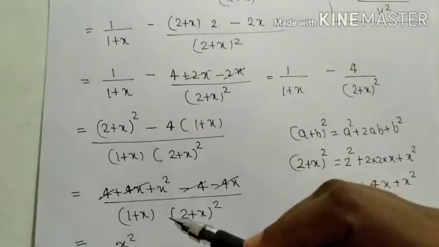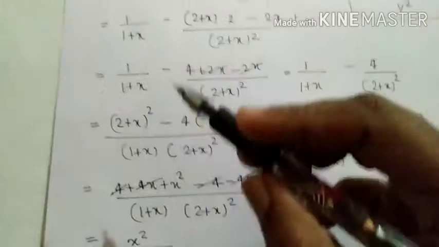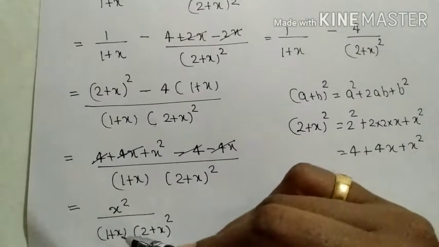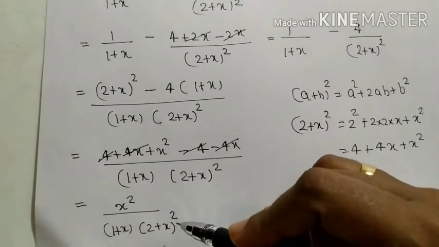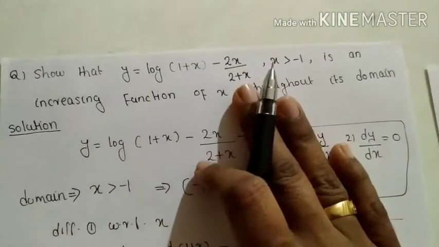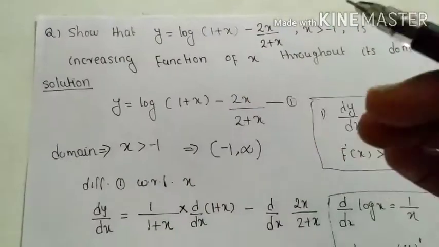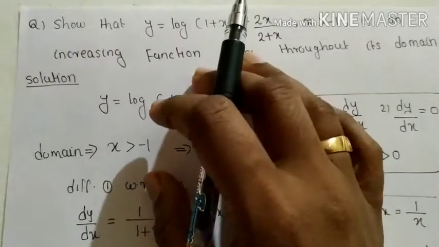From this we get the derivative of the given function: dy by dx equals x square divided by (1 plus x) into (2 plus x) the whole square. In this question we need to show that our function is an increasing function.